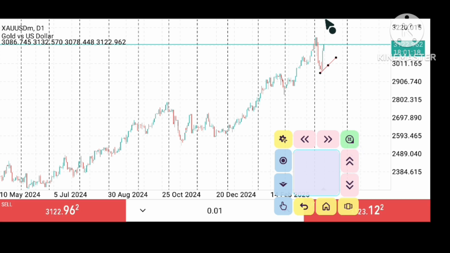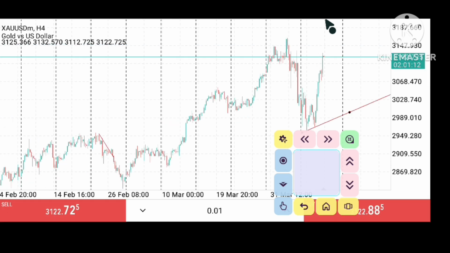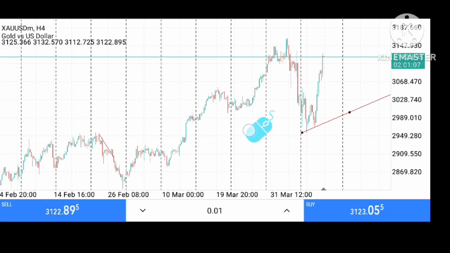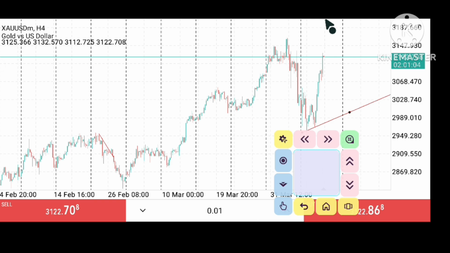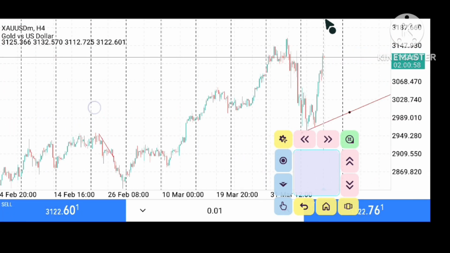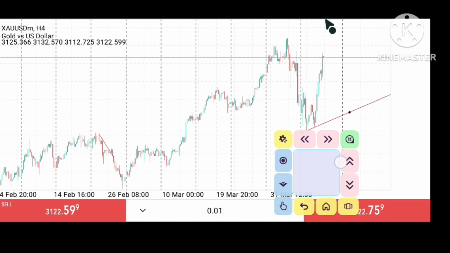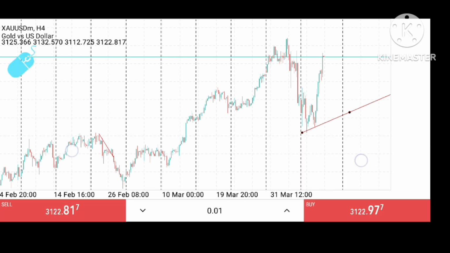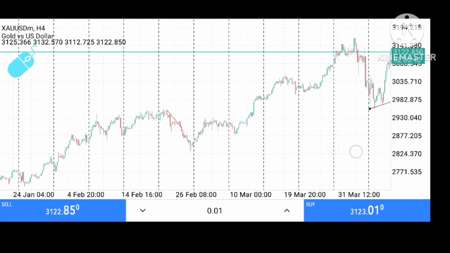Let's go back to a smaller time frame, like the 4 hour time frame. Now this is the 4 hour time frame.